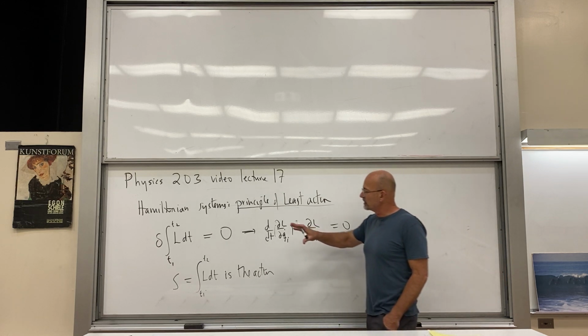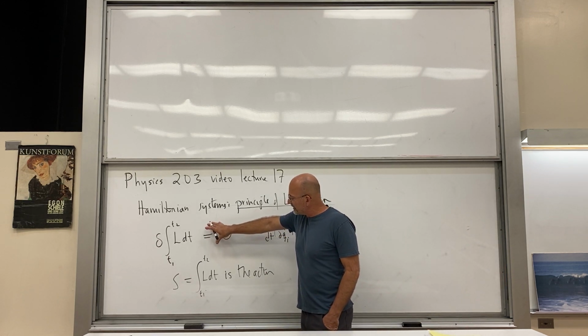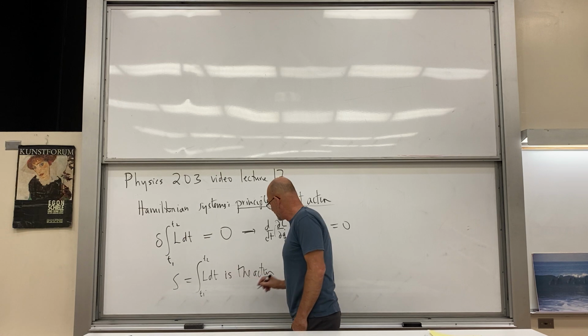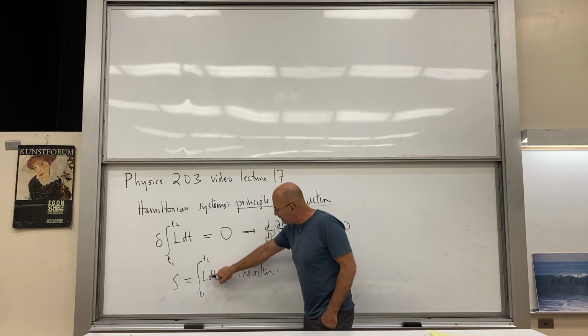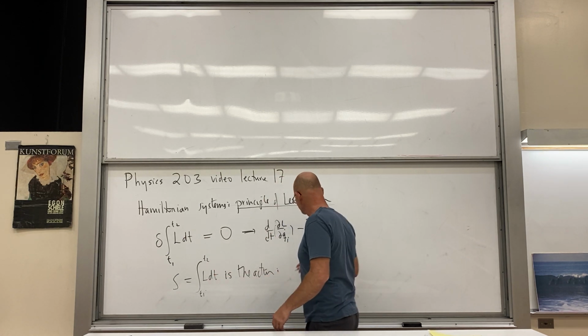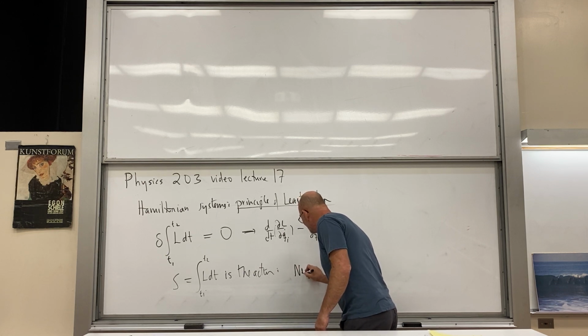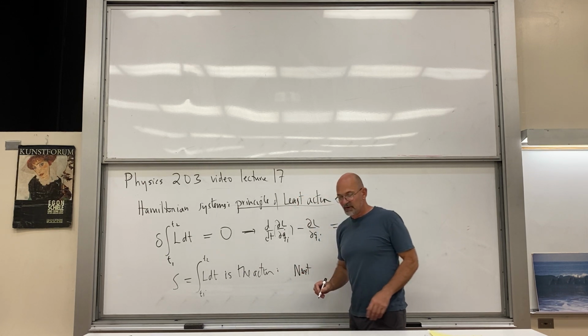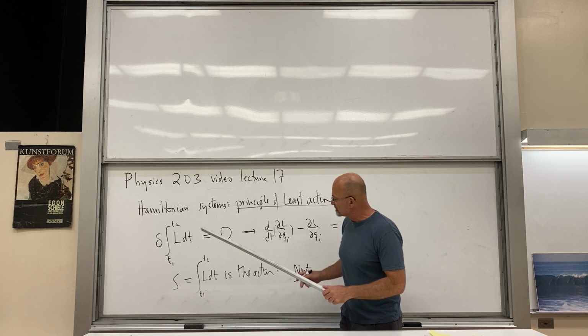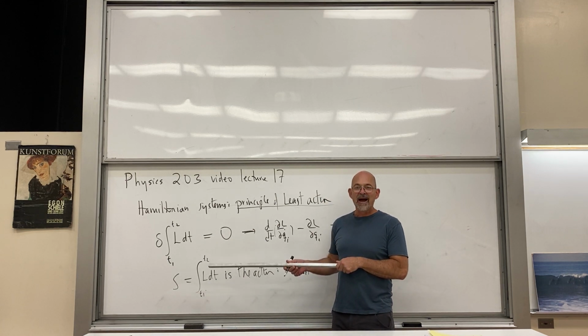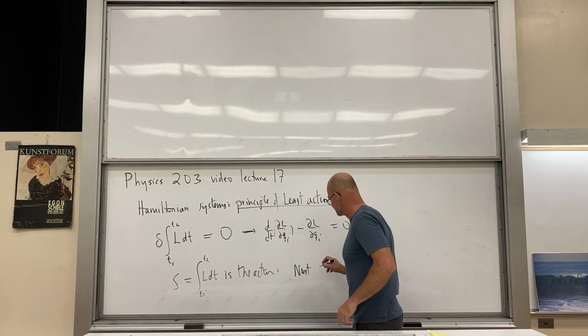And what we're going to do is extend this now. So this was fixed boundaries, fixed upper and lower boundary. So our next development is to imagine that the action is a function of the upper boundary.